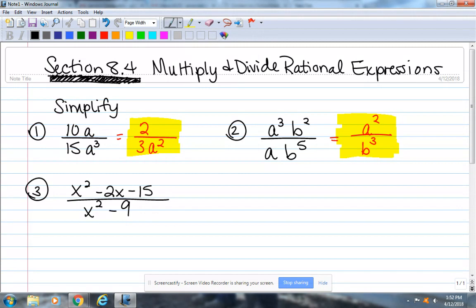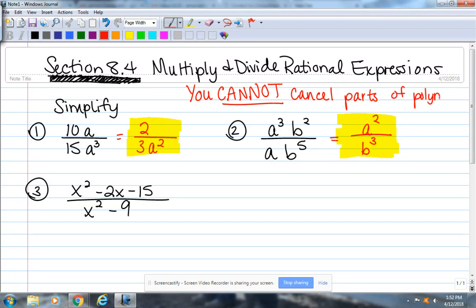Now, here's what you cannot do. I'm writing it at the top of the note. You cannot cancel parts of polynomials.